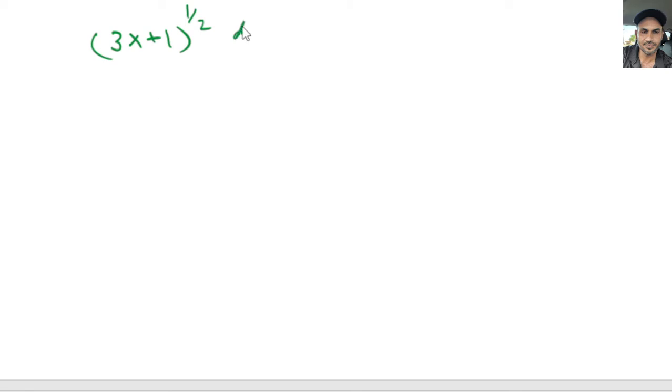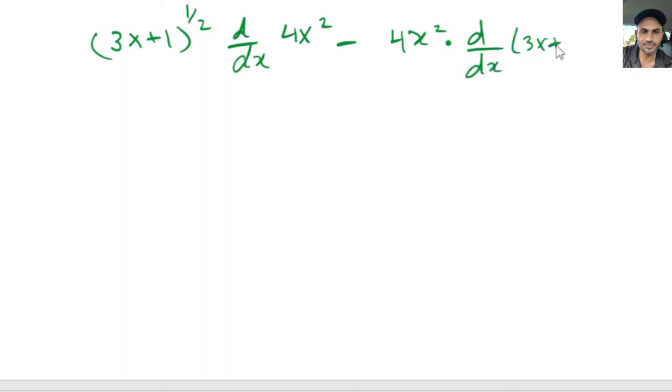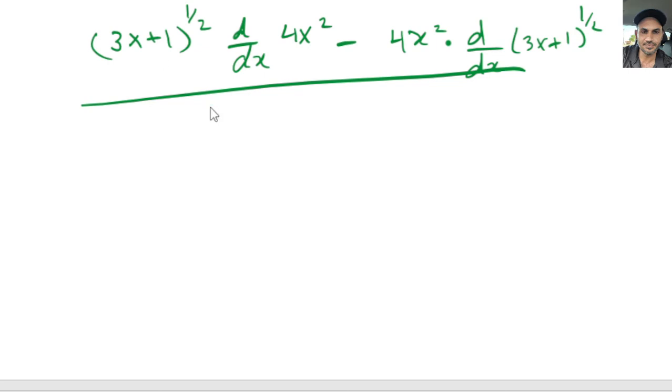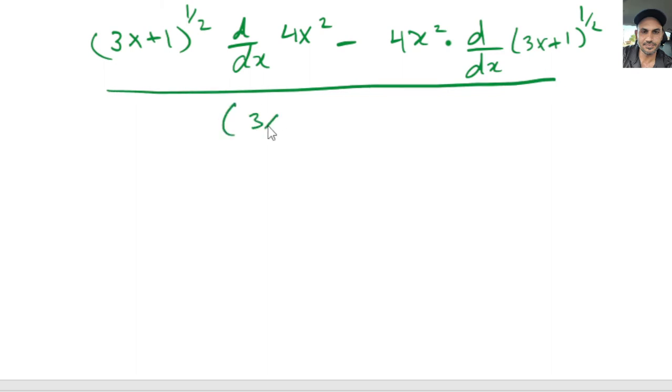So then we take the derivatives, d over dx of 4x squared, minus 4x squared times the derivative of 3x plus 1 to the 1/2 and everything divided by 3x plus 1 to the 1/2 squared.